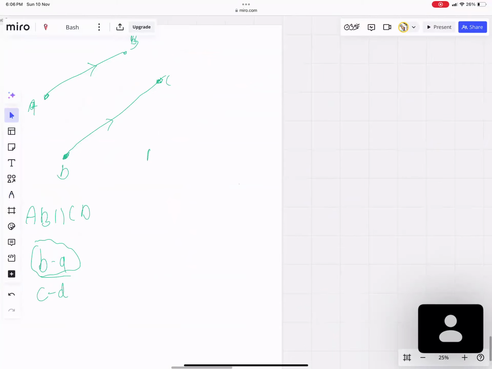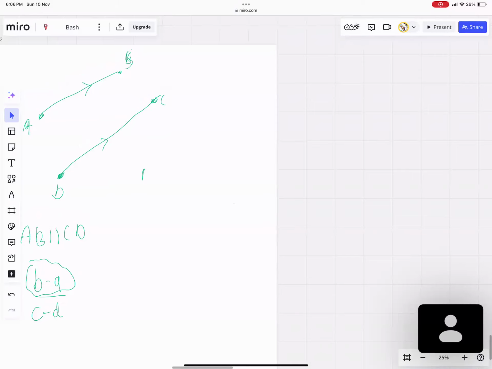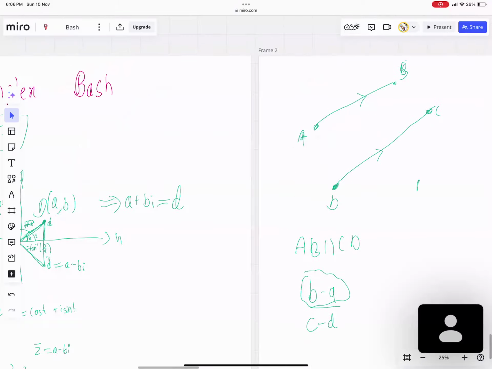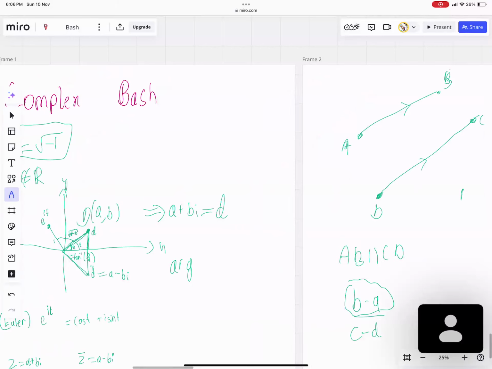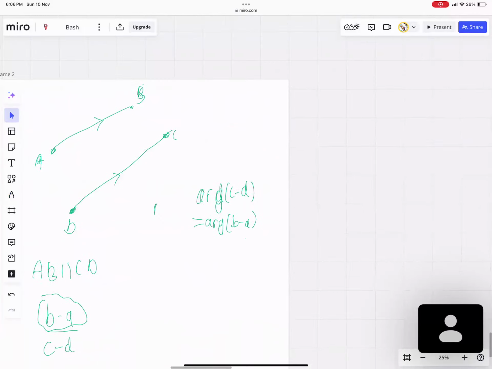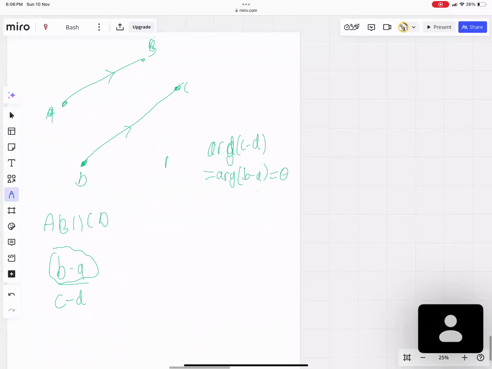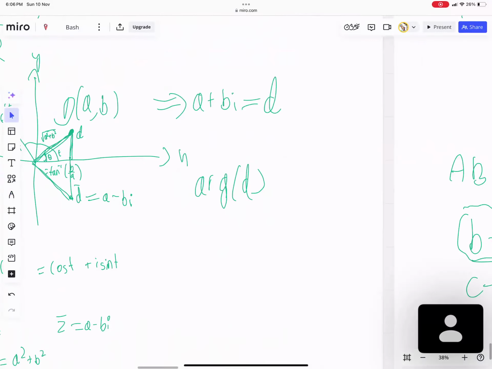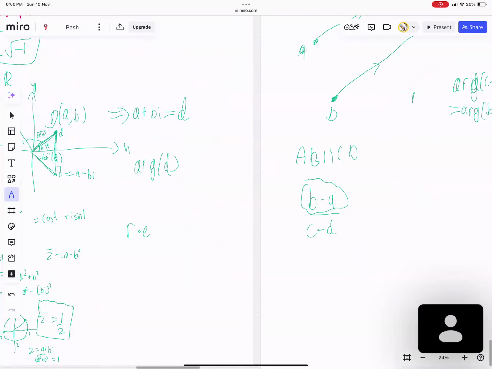So if these two segments are parallel, we should have that these vectors have the same angle. We call the angle of a complex number the argument of the complex number. So we want the argument of C minus D to be equal to the argument of B minus A. If this is equal to theta, we know by Euler's theorem that every complex number is r times e to the i theta, where r is its magnitude and theta is its argument.